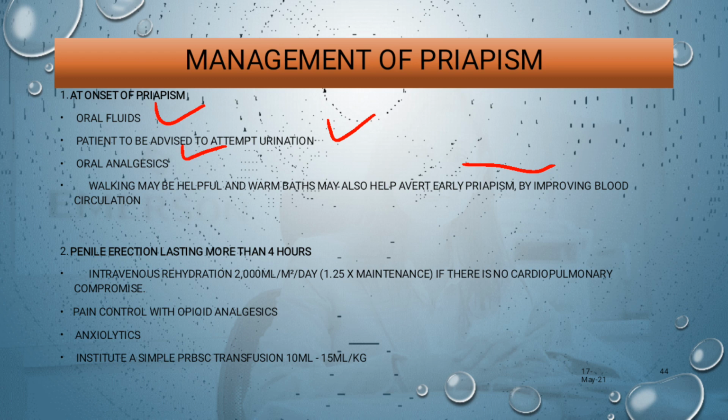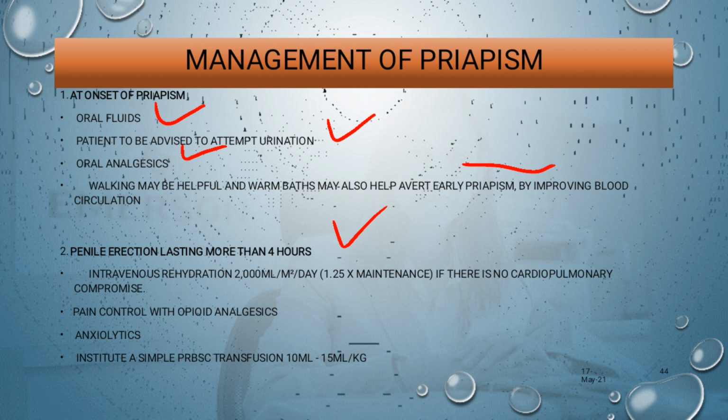But if it's a penile erection lasting more than 4 hours, then of course we have to give intravenous hydration, at 2 liters per square meter per day, or 1.25 times the maintenance fluids, if there is no cardiopulmonary compromise.